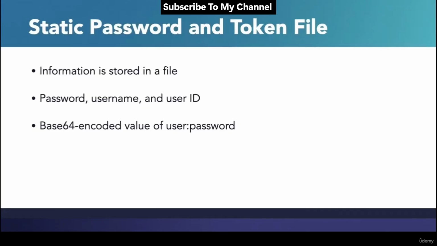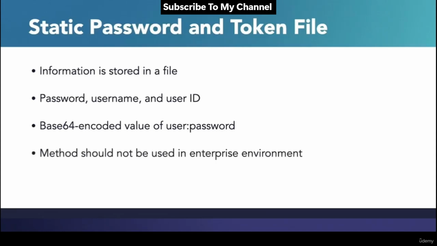The API server then verifies it against the stored value. If a match is found, the user is authenticated. But passwords don't expire and can't be changed without restarting the API server. This authentication method should not be used in any enterprise environment.